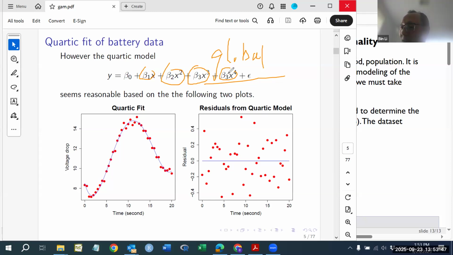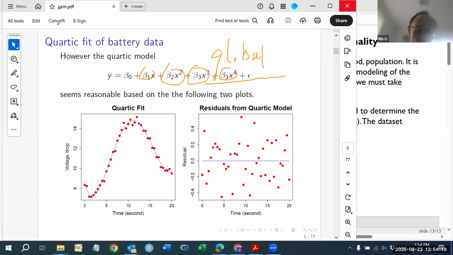All these will impact all the x values. If I increase beta 3 by 1, just this change in beta 3 will affect all the data points. That's why it's called a global model. A global model means that every term will affect all the observations.